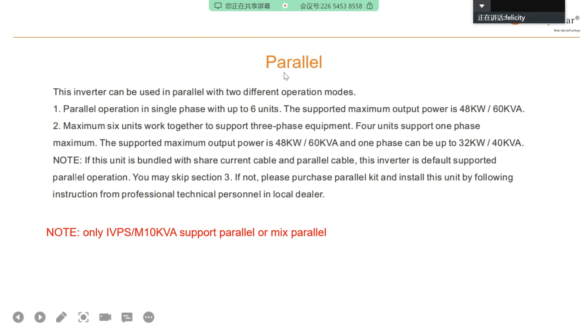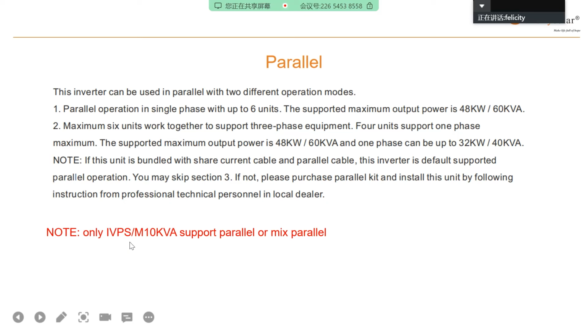The power frequency or low frequency inverter can also be connected in parallel, and it's the same as the IVCP. The maximum is 6 units. You can also parallel as single phase, and three phase is also the same. But you notice only IVPS or IVPM 10 kVA supports it, meaning less than 10 kVA does not support parallel.